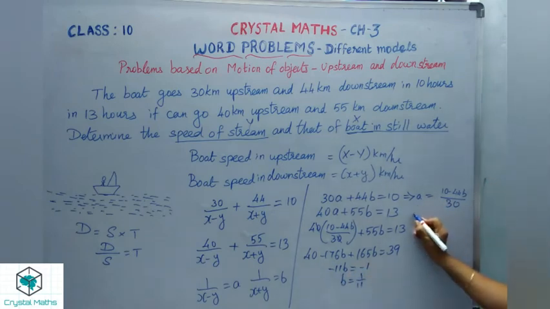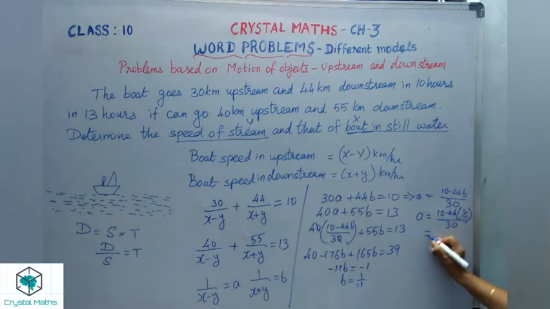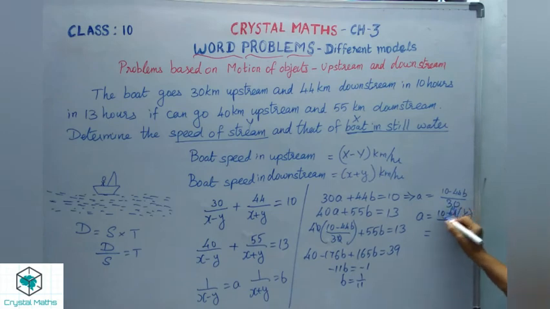And then, if we substitute in this, we get a equal to (10 minus 44 into 1 by 11) by 30. After simplification, that is 6 by 30, that is 1 by 5.